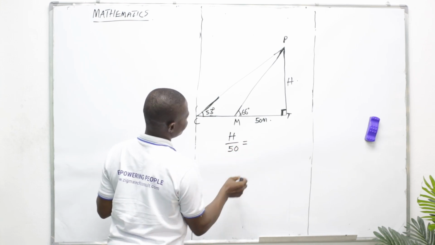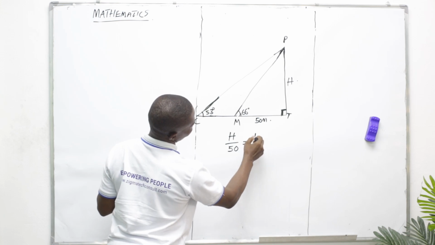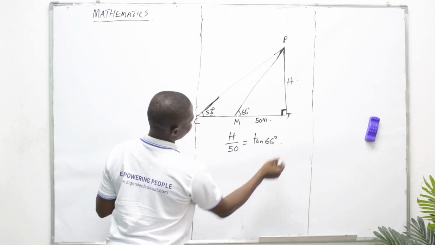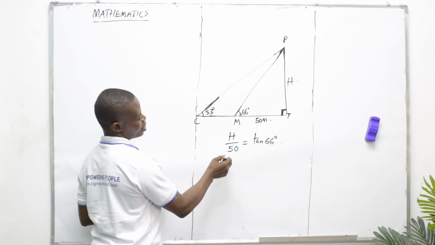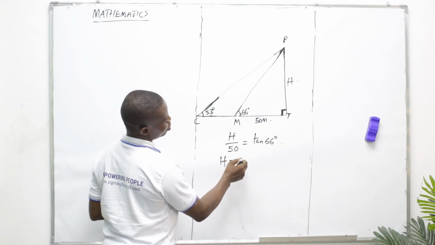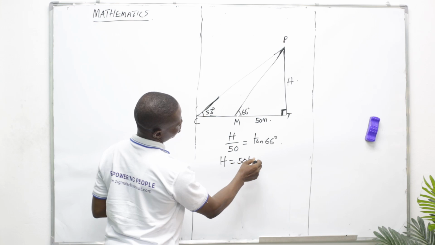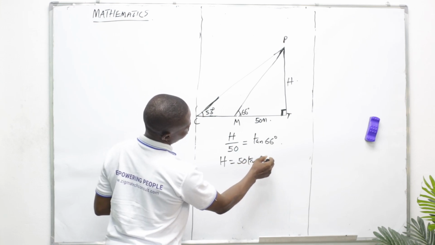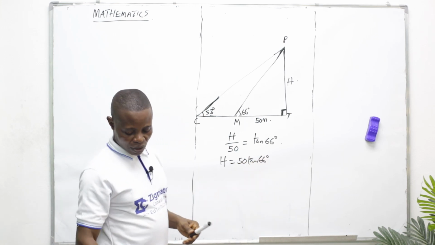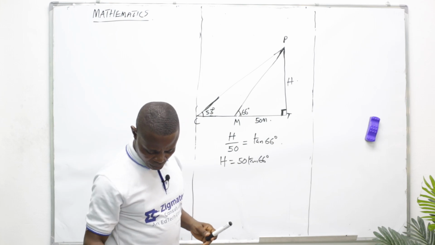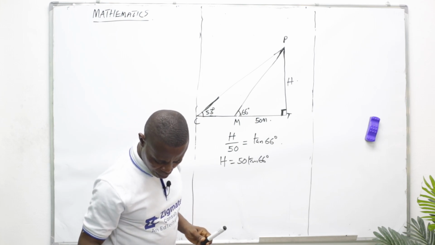That's h over 50 equals tan 66 degrees. So the height of the building equals 50 tan 66 degrees. So you check out tan 66.